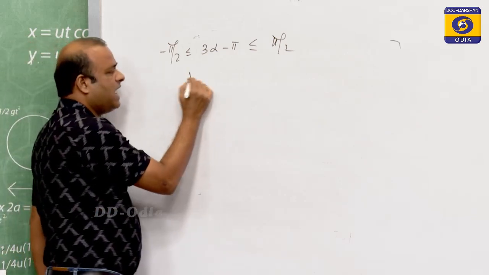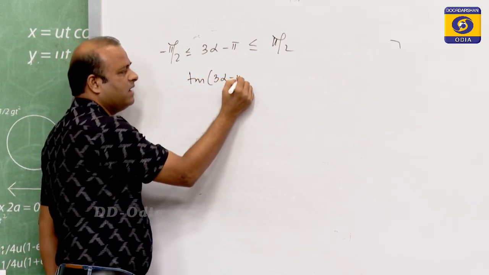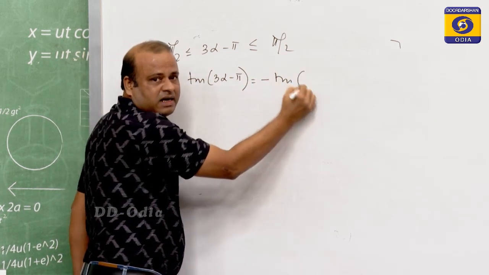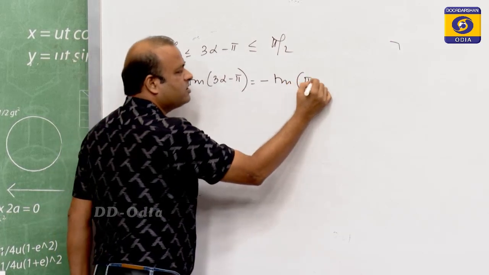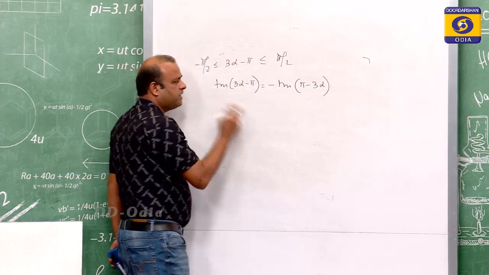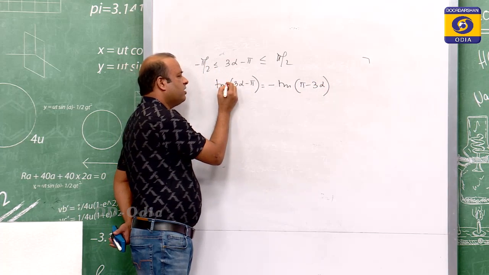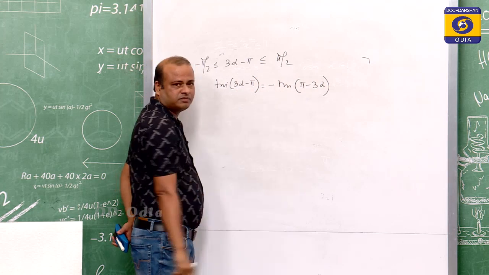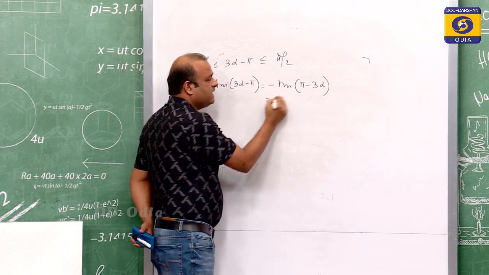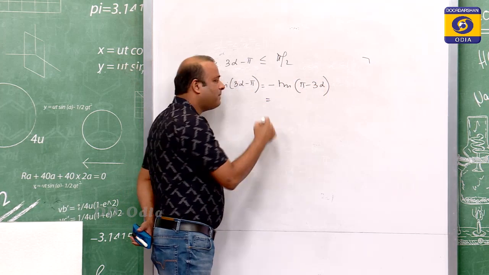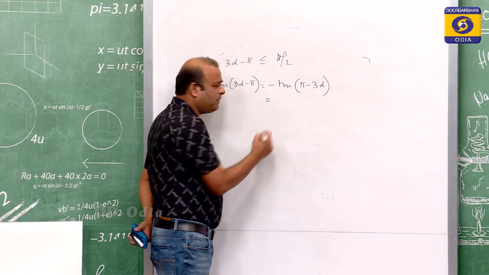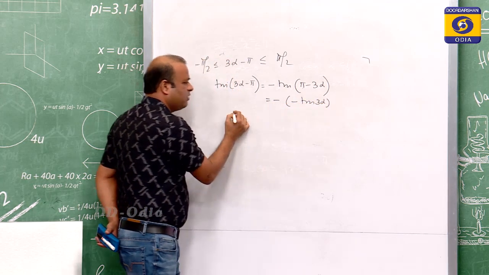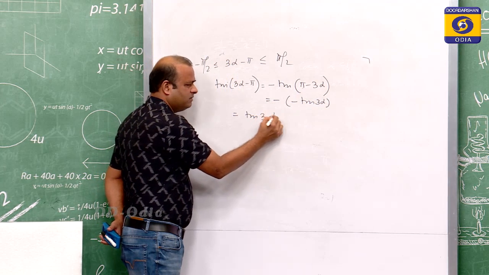So now tan of 3 alpha minus pi is minus tan of pi minus 3 alpha, because we take minus here. So tan of minus theta is minus tan theta, but you know tan of pi minus 3 alpha is minus tan 3 alpha. So minus of minus tan 3 alpha is equal to tan 3 alpha.